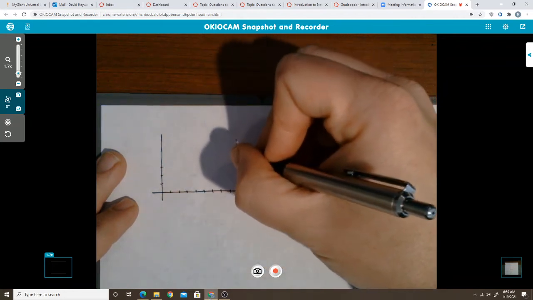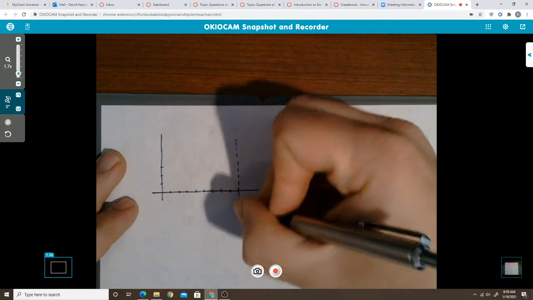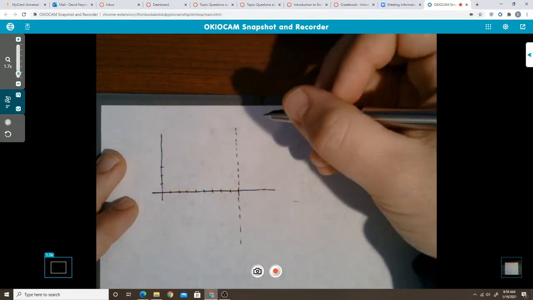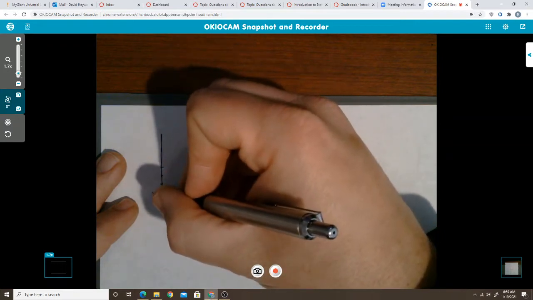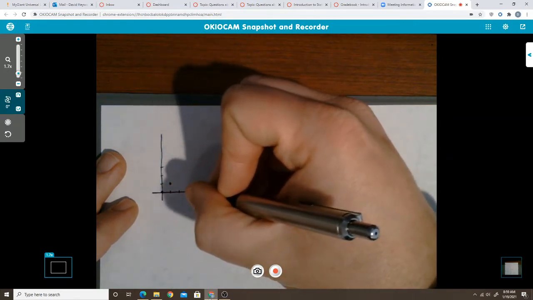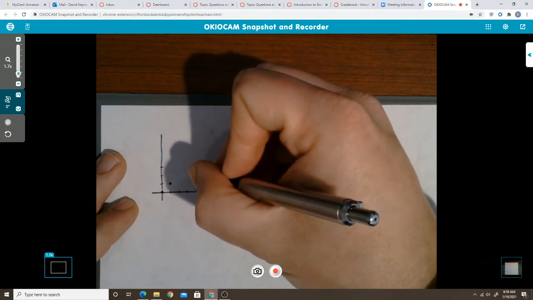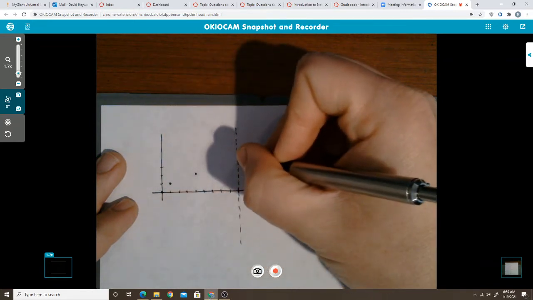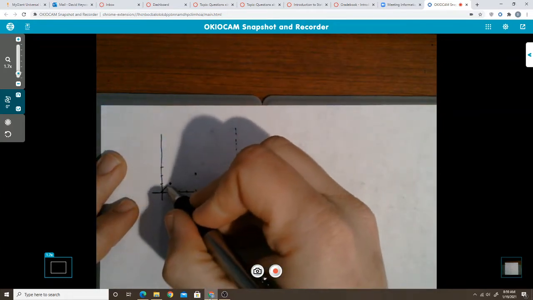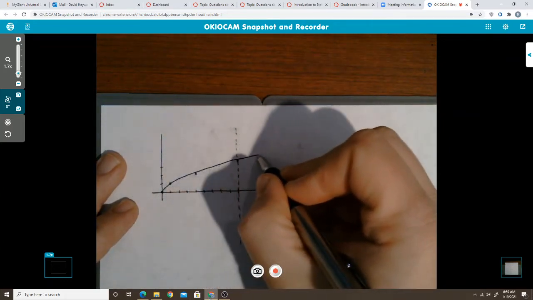So there's my axis of rotation, right? So I'm going to be revolving around that line. But y equals square root x goes through 0, 0, 1, 1, 4, 2, and then 9, 3. So it's kind of this half parabola thing, right?